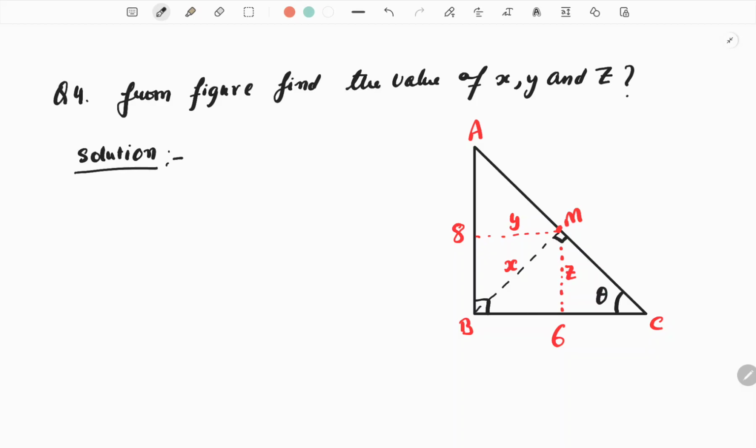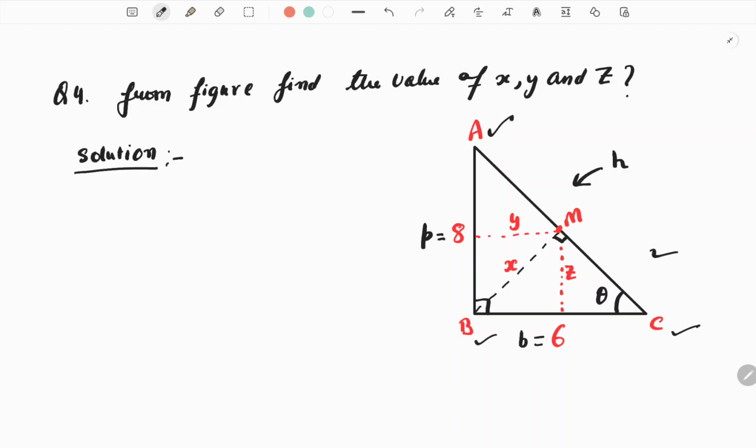I mean, for the right angle triangle ABC, the measuring angle we will take to be theta. So therefore, the side which is opposite to the measuring angle, I'll mark as P. The side which is opposite to the 90 degree, I'll mark as H. And the side BC, we will mark as B.